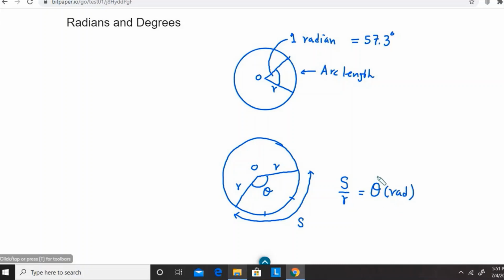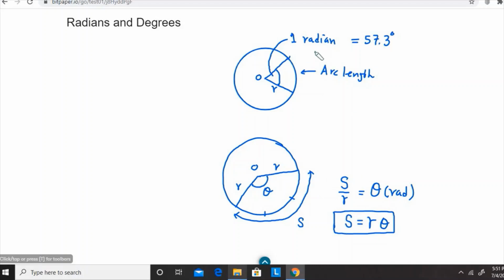This is a very important equation, so we can rewrite it as S equals R theta, where theta is measured in radians. So keep this in mind. This is going to be very, very important in the coming chapters when we discuss physics.